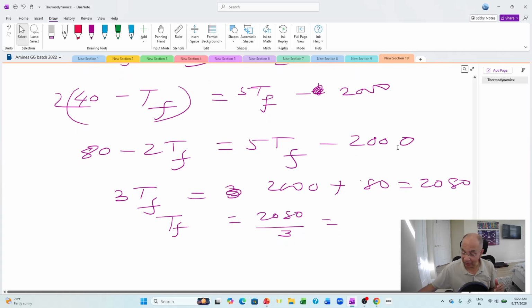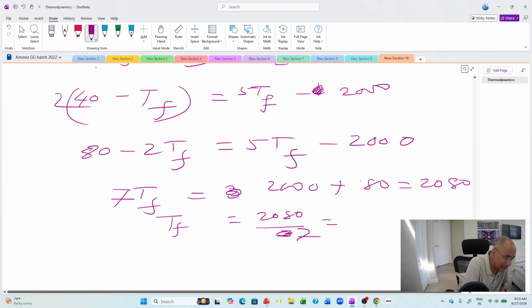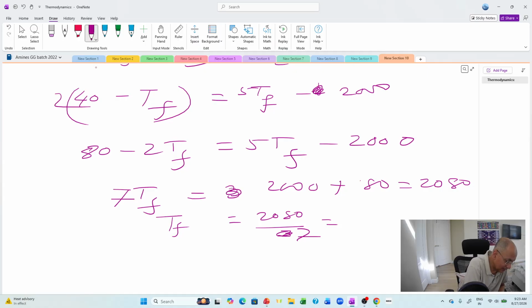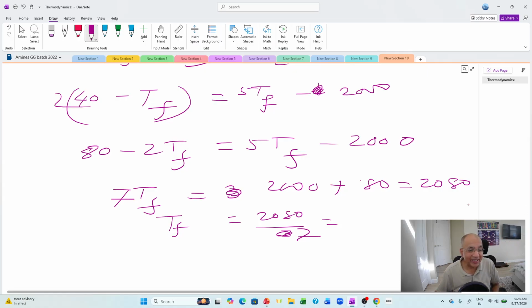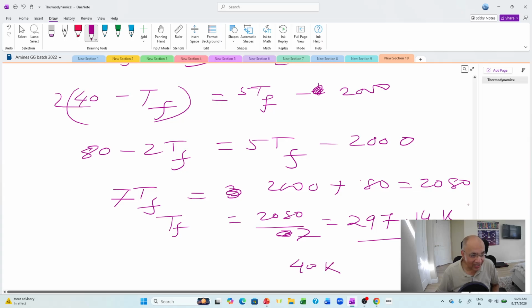So this is 7. I'm so sorry. Because this is not Zoom, you are not able to interact by words. So this goes this side, so this becomes 7, and this comes this side. This is 2080 by 7. That is 297. See, from 400 K initial, it has dropped to 297.14 K in the irreversible process. That means more drop will happen in the reversible.